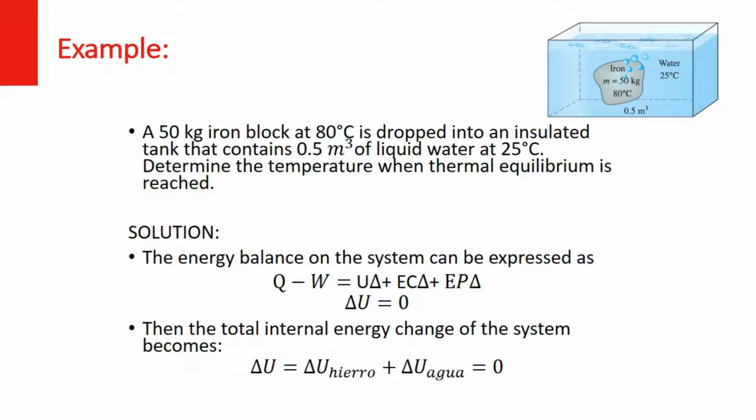The total internal energy is an extensive property, and therefore it can be expressed as the sum of the internal energies of the parts of the system. Then the total internal energy change of the system becomes the variation of the internal energy of iron plus the variation of the internal energy of water.